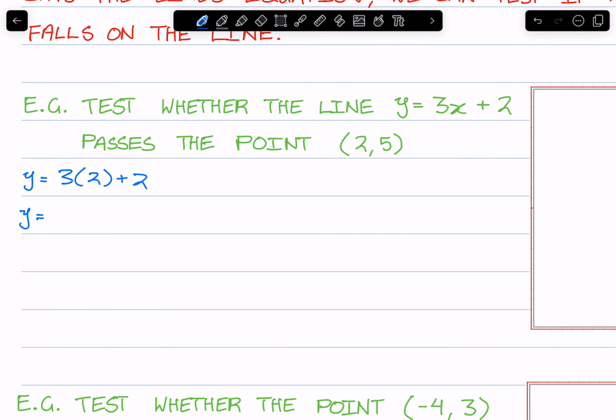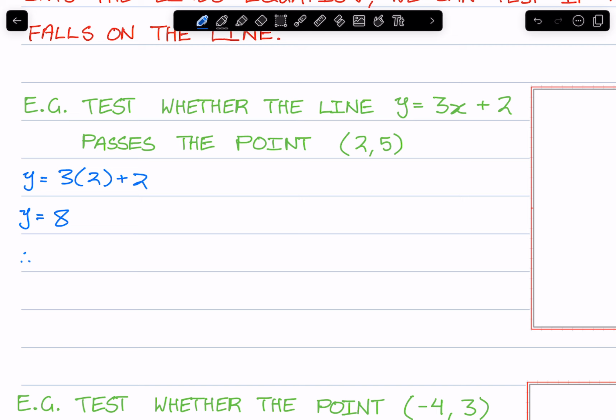Take a look. If you type this into a calculator, we get 8. So as you can see, when x equals 2 here, it should be 8. But this point, it should be 5. Well, it is 5. This doesn't match.